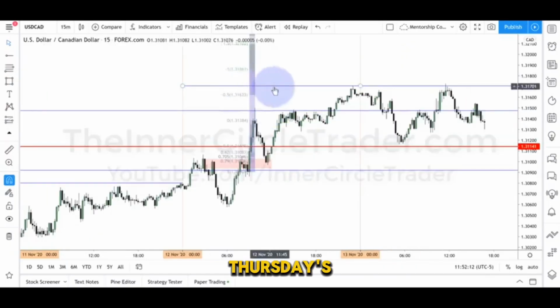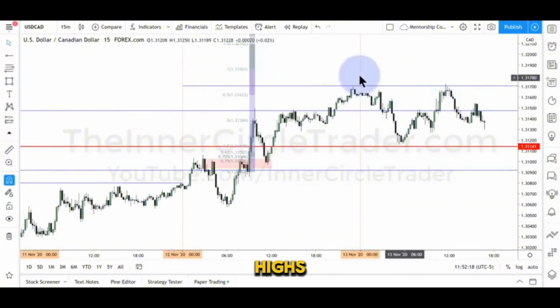We get above Thursday's liquidity pool here, not by much, but we have a standard deviation of -1 with these equal highs here, or relative equal highs, we could potentially see it try to get up there and snag that. I'm not saying it will because we're above equilibrium, but that is how I would look at it.